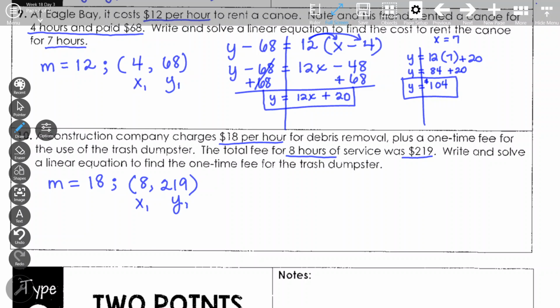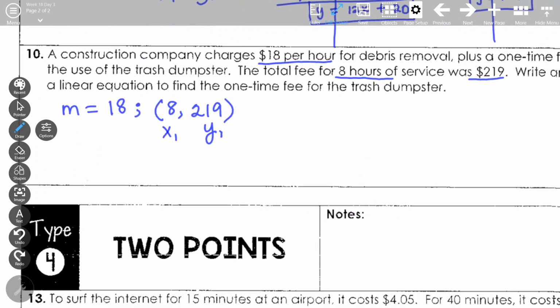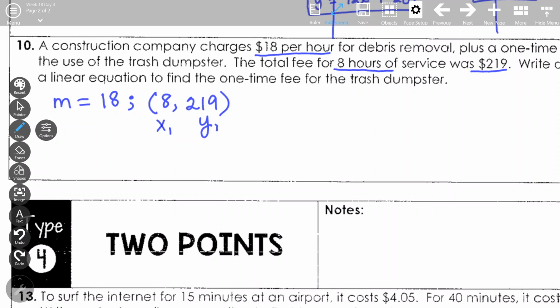All right, we're going to use the formula and we're going to fill it in. The actual point-slope formula. So we're going to say y minus y sub 1, which is 219, equals, what's our slope? Our slope is 18. We're going to multiply that times x minus, what's our x sub 1? Our x sub 1 is 8.